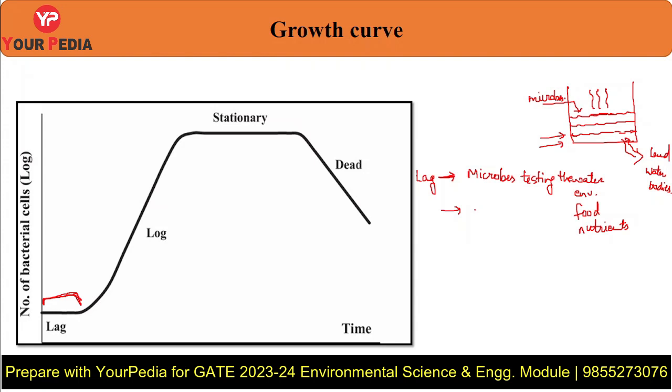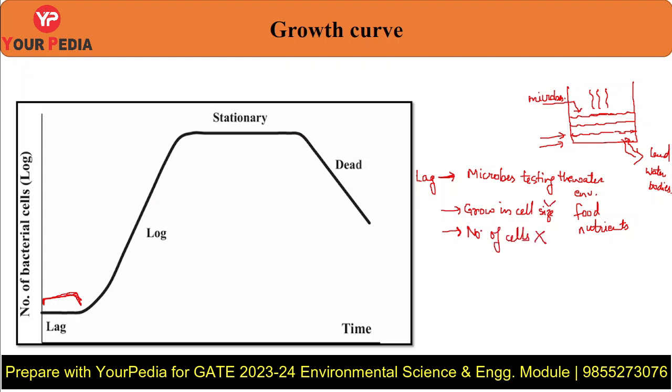And all they end up doing during this phase is just growth in cell size. So the size of cells increases in lag phase. Because the size of cell is increasing, the number of cells does not increase.